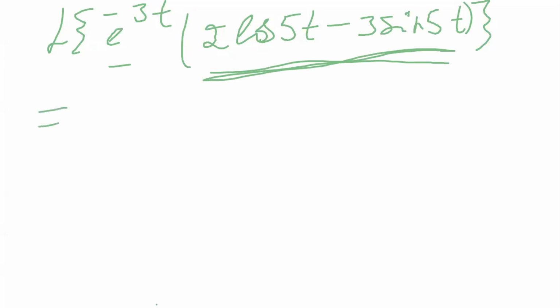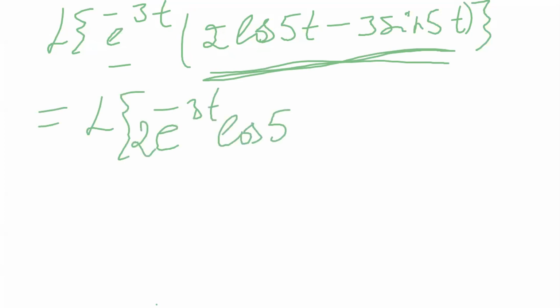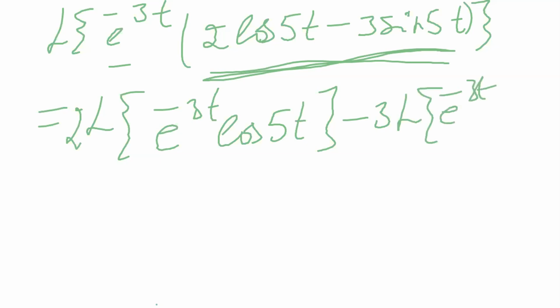So first we have to multiply e power minus 3t to the two functions. So 2 into e power minus 3t into cos 5t, and separate the Laplace. Here also write the constant term 2 outside, and second term the constant minus 3 is outside, L of e power minus 3t into sin 5t.